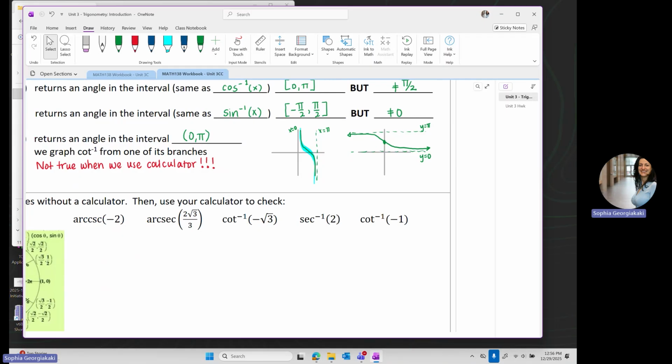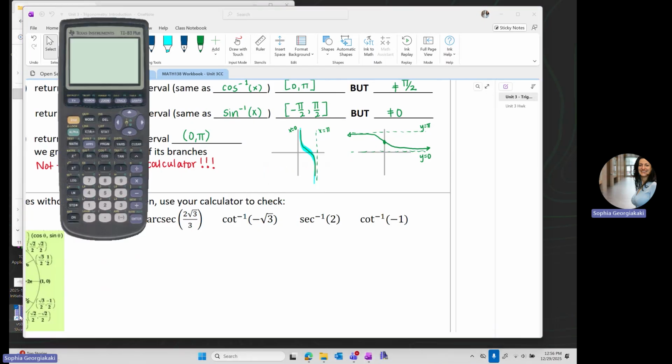However, when we use our calculator, we don't have the inverse cotangent function here. So therefore, we will be using the inverse tangent. And that means that it will return values from negative pi over 2 to pi over 2, except for where the tangent is 0 and the cotangent is undefined.